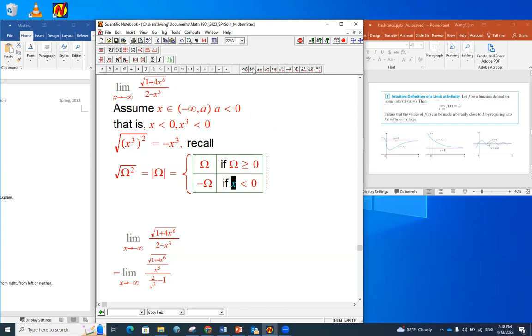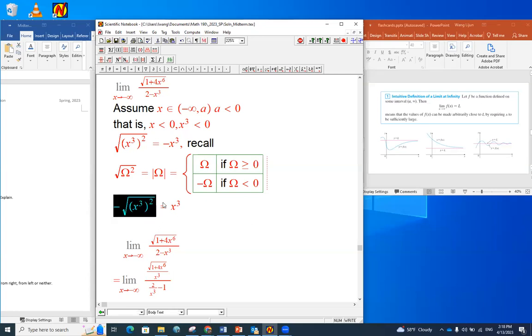The same idea. Now x raised to the power 3 is negative. So that's how we get this. Then from it, if we bring the negative sign to the other side, that's the negative of x raised to the power 3. Does that make sense? I hope.